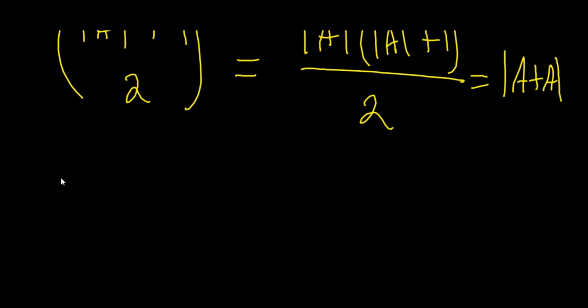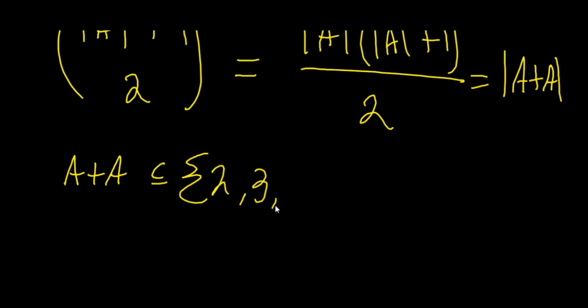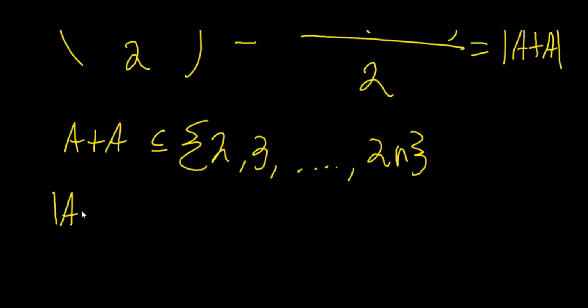And also, since A plus A is a subset of the integers 2, 3, all the way up to 2n, this means that the size of A plus A is at most 2n.